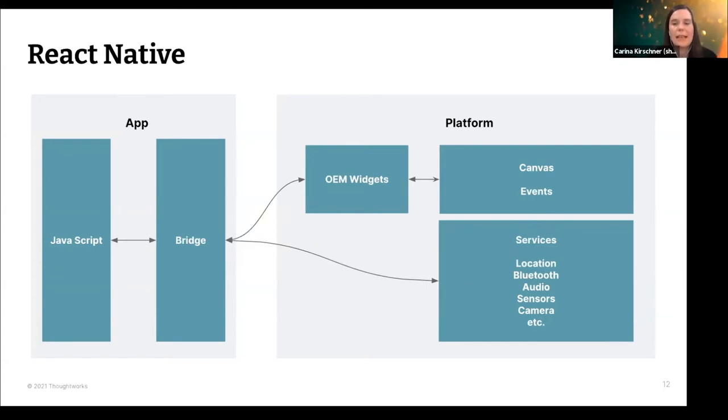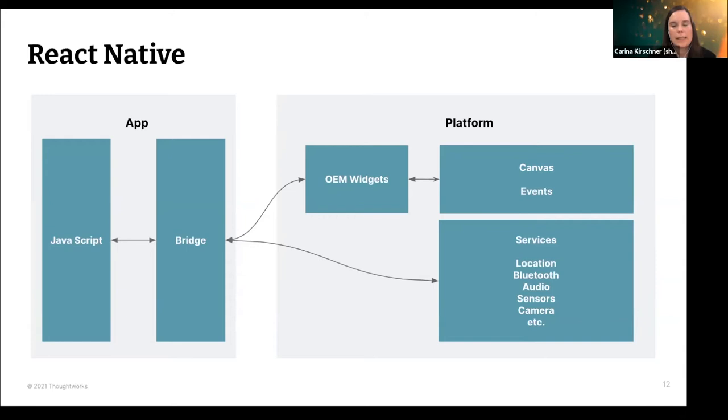So that means that React Native, to be able to interact with the native elements of the platform, needs to be able to communicate with them. And for this, there is the so-called bridge. The bridge enables React Native to communicate asynchronously with the native threads of the platform.